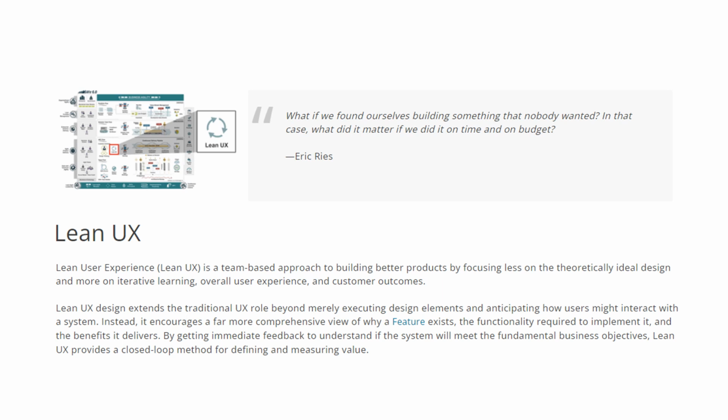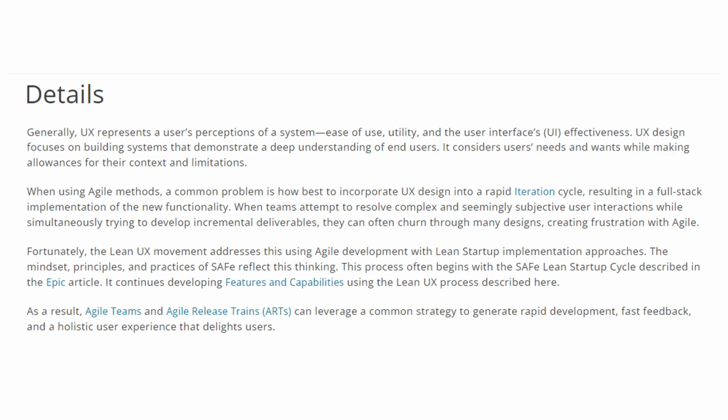By getting immediate feedback to understand if the system will meet the fundamental business objectives, Lean UX provides a closed loop method for defining and measuring value. Let's try to understand some more details on Lean UX.